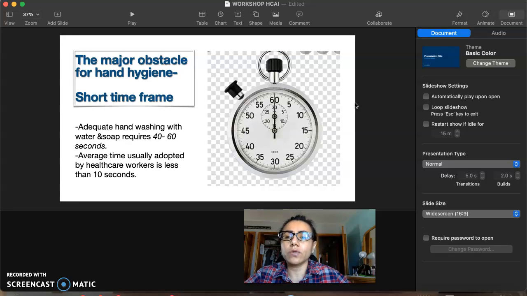The major obstacle for hand hygiene is the short time frame. Adequate hand washing with water and soap requires 40 to 60 seconds. But on average, the time usually adopted by healthcare workers is less than 10 seconds.